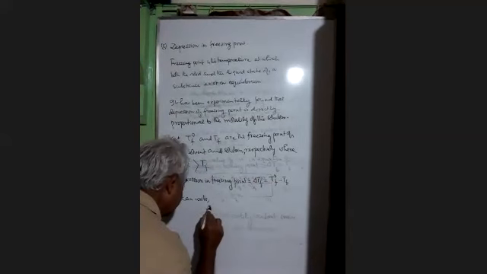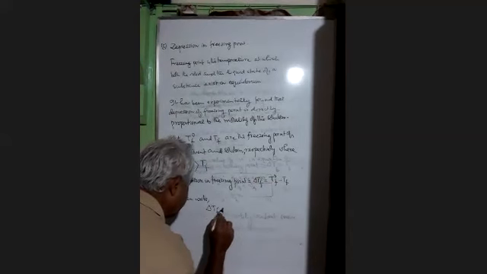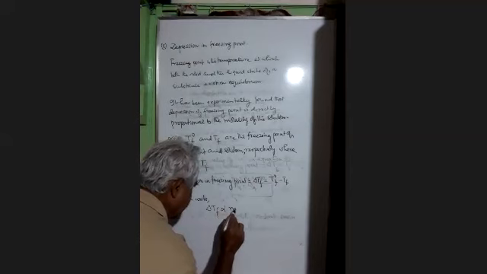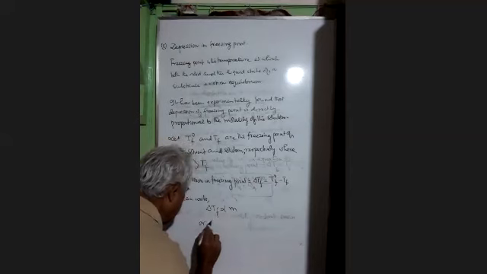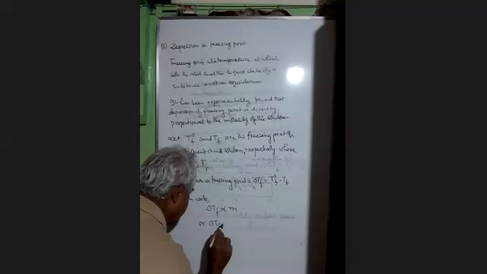So if you follow the experimental condition, we can write that delta TF is proportional to molality, or delta TF is equal to KF into molality.